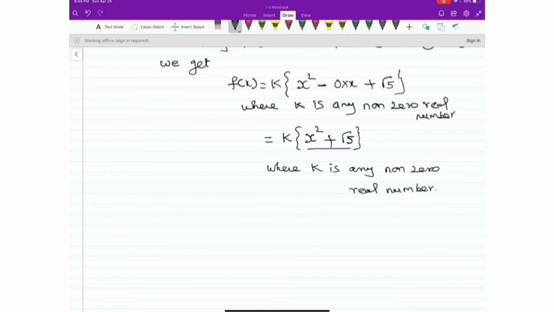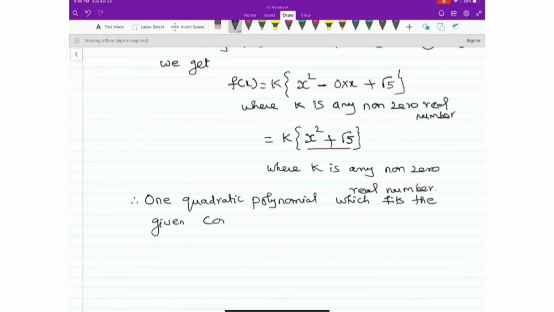So, therefore, one quadratic polynomial which fits the given conditions is f of x is equal to x square plus root 5.